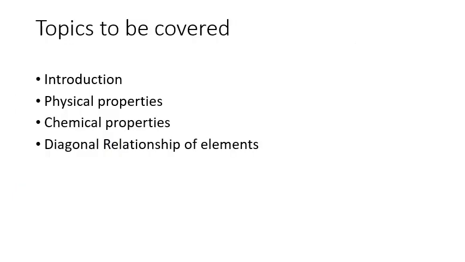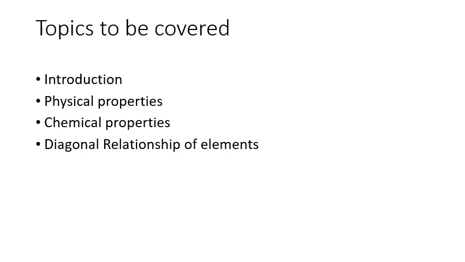In this lecture, we are going to learn the introduction of the S-block elements and their important physical properties, specifically atomic size, ionic radii, and ionization energy. Some of these properties we have learned in the second unit.